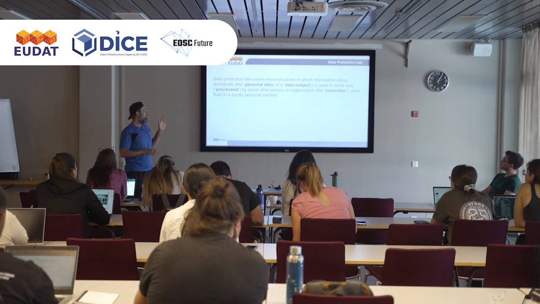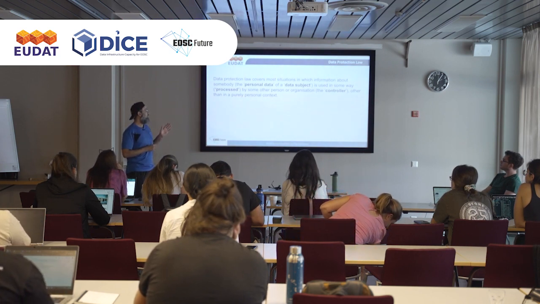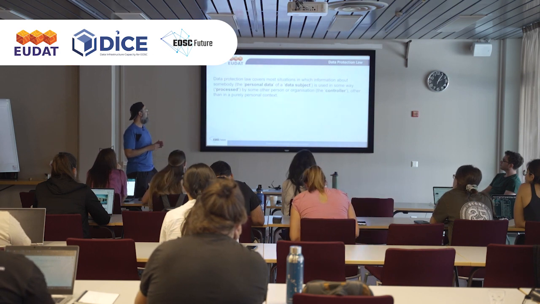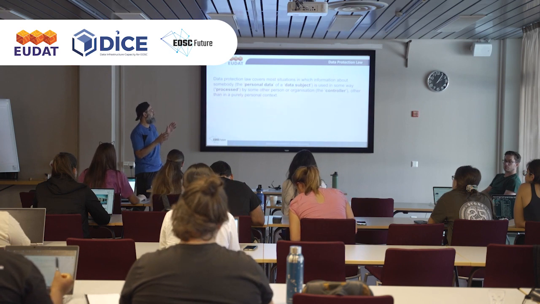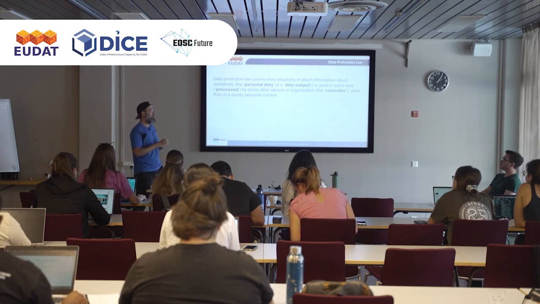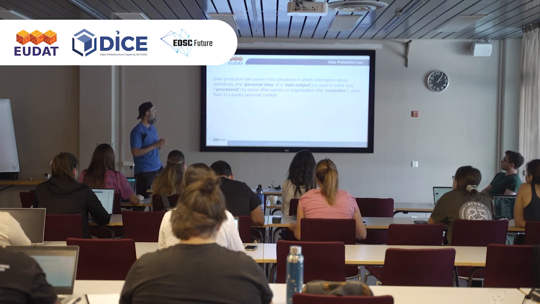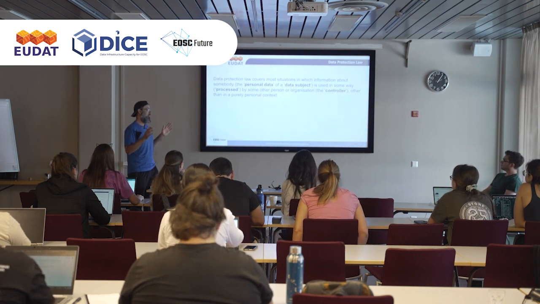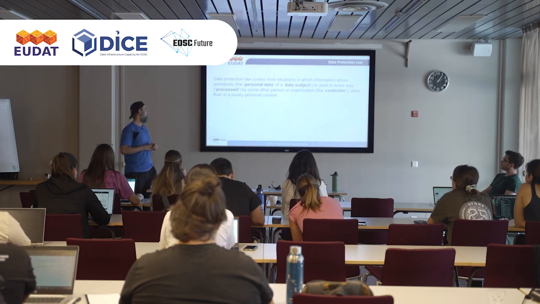So in the data protection law of the GDPR, in most situations information about somebody, the personal data of a data subject, and this is the person who this personal data is about, is used in some way, that means processed or analyzed by some other person or organization, and this is called the controller.